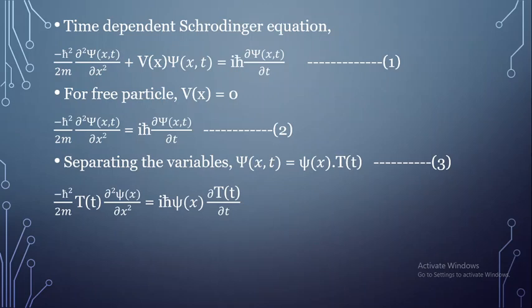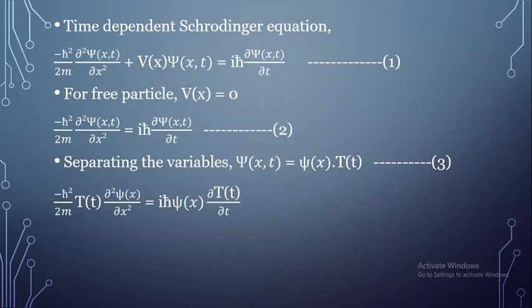Again, we observe that the LHS term depends on time as well as position, and so does the RHS. For simplification, we need to separate the terms. That is, one term should depend only on position and the other only on time.